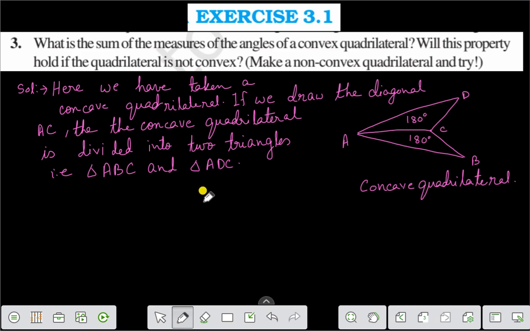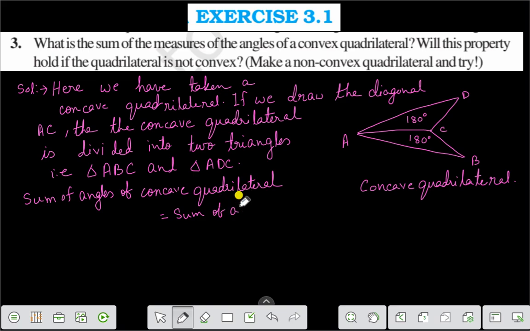Therefore, the sum of the angles of the concave quadrilateral ABCD is equal to the sum of angles of triangle ABC and triangle ADC, and you know that the sum of the angles of a triangle is 180 degree.